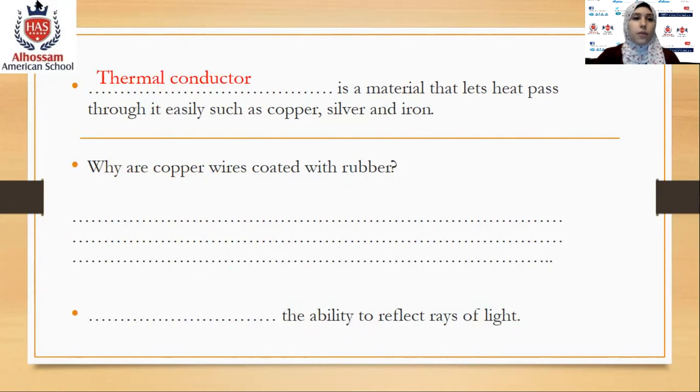Thermal conductor. Okay. Why are copper wires coated with rubber? Muhammad, can you tell me the answer? To not get shocked. Yes, excellent. To prevent us from being shocked.